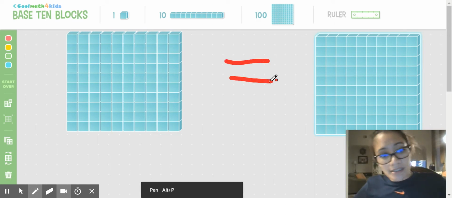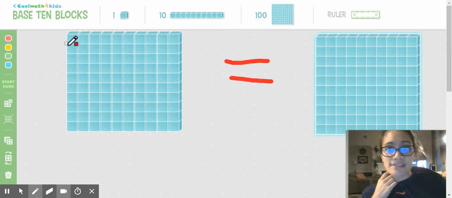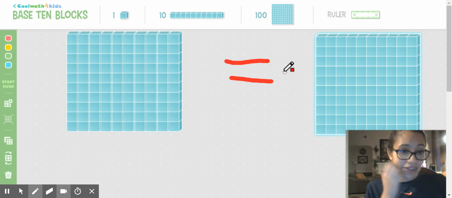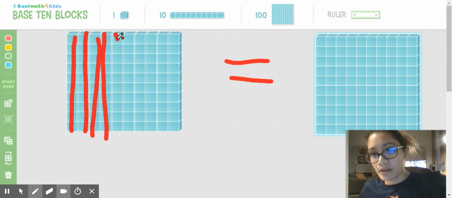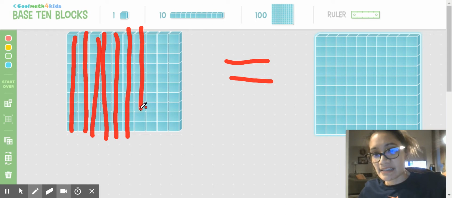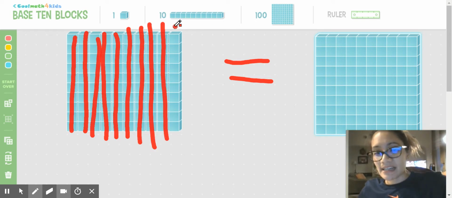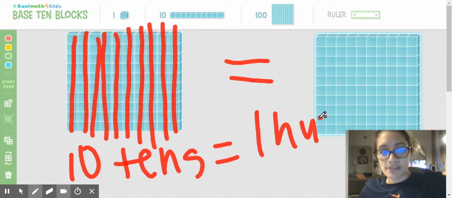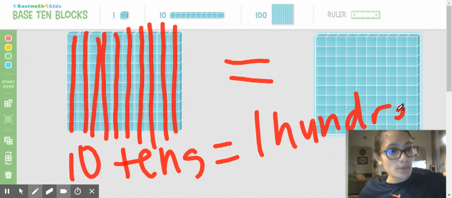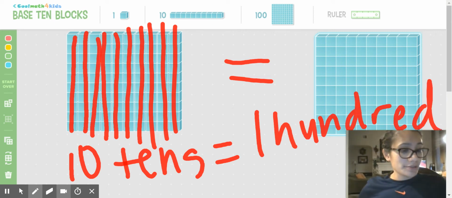They are equal. And how many of these rods did it take for us to make this? So it took us 1, 2, 3, 4, 5, 6, 7, 8, 9, 10. So it took us 10 tens to equal 100. And how do you write 100 with numbers?